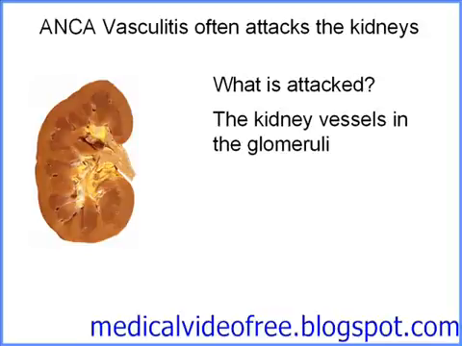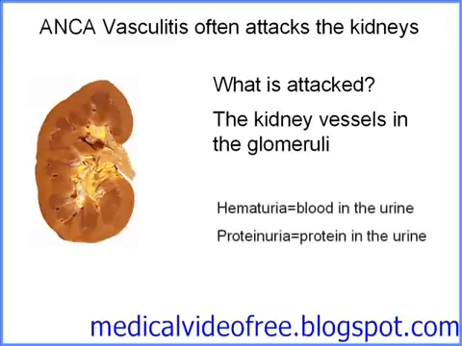And this may be detected because when there's attack on these structures, you spill blood and protein into your urine, and so you may be told that you have hematuria, blood in the urine, or proteinuria, protein in the urine, and the kidneys may stop functioning if the injury is severe enough.